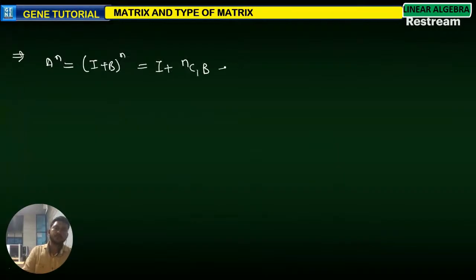So, taking the rule, A to the power n is equal to (I plus B) to the power n, which is I plus nC1 B plus nC2 B squared plus dot dot dot, and that is equal to I plus nB.